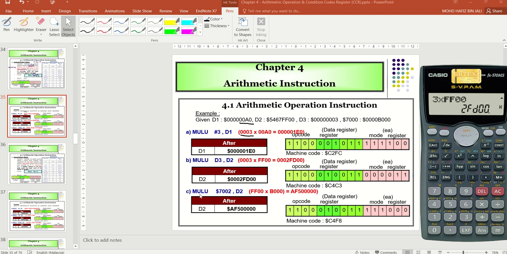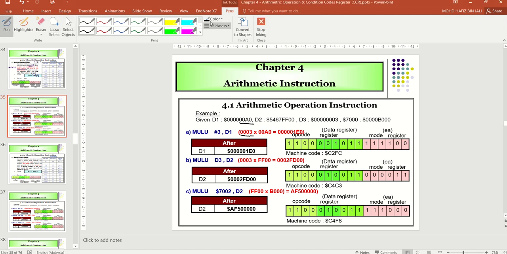So the example: MULU 7002, D2. 7002 is this one, the value is at the position of this one.